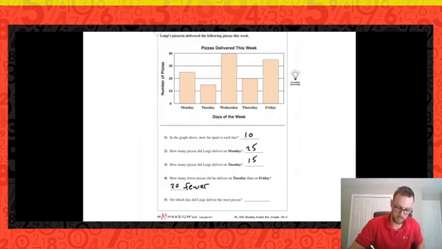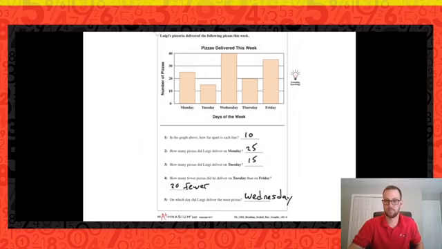Wednesday. Nice job. Delivered the most pizzas on Wednesday, because that is the tallest one. And we're looking for the number of pizzas. Very good.